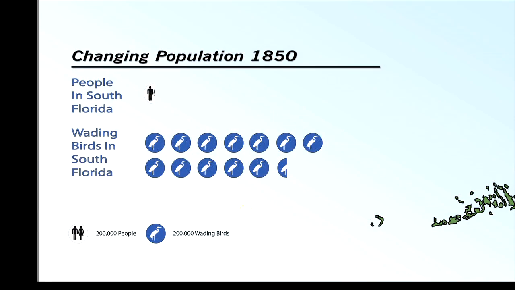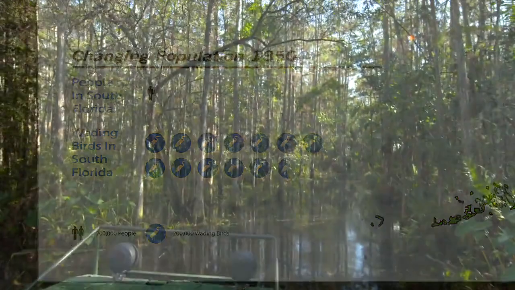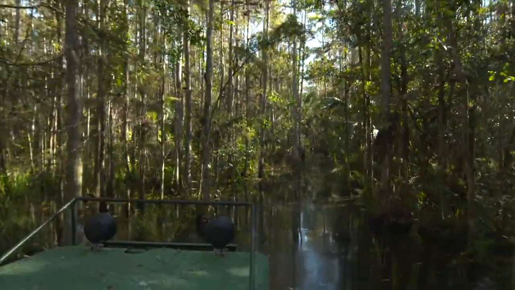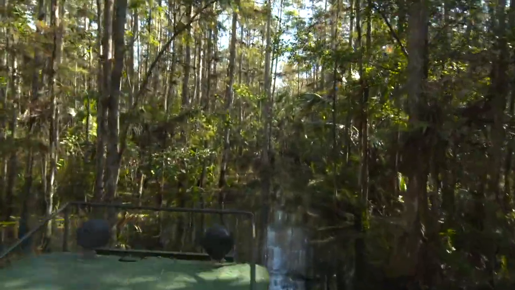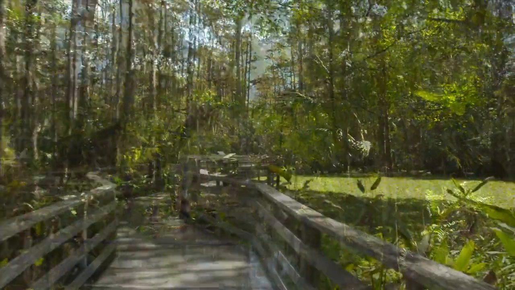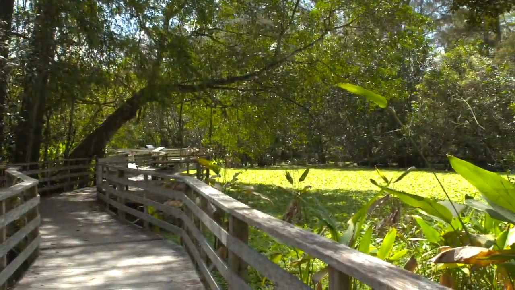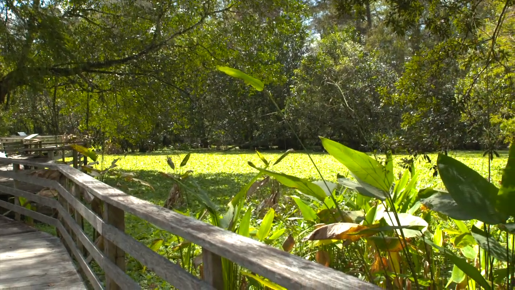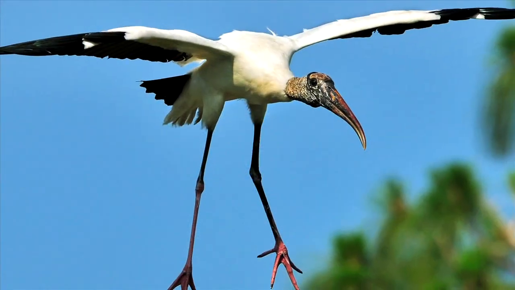Which is still down 90% from the estimate of 2.5 million wading birds in 1850. As the system is restored, as it recovers, if it recovers, it should come to more closely resemble the landscape that provided the wood storks with abundant prey throughout nesting season. If done correctly, the nesting effort should rebound. Populations in South Florida should flourish.